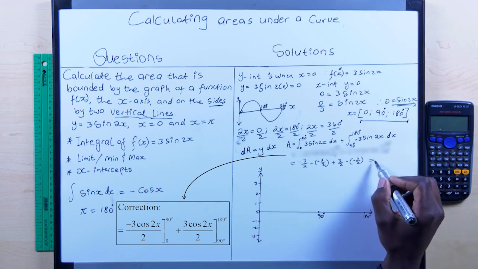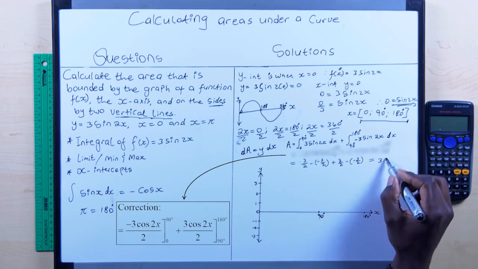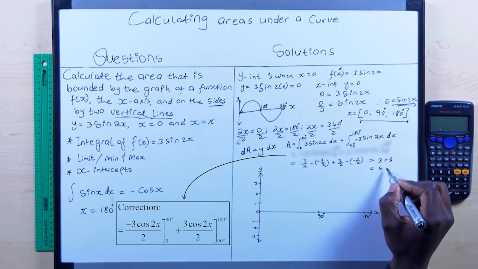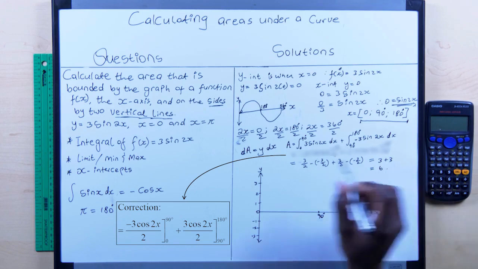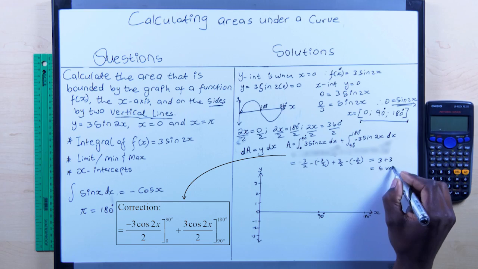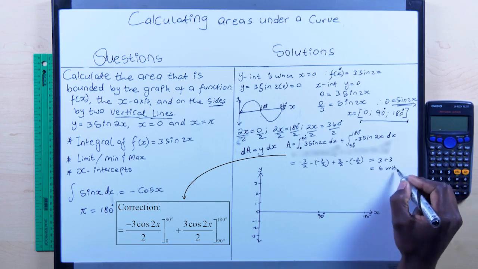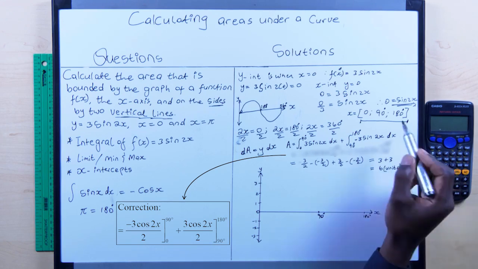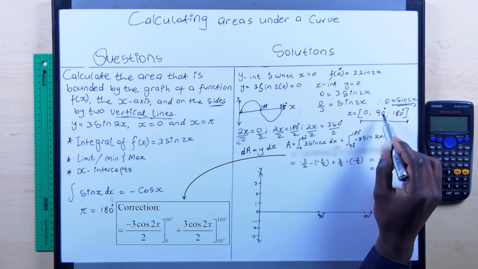Your final answer becomes 3 plus 3, which is 6 unit squared, because you want area. So your area would be 6 units squared.